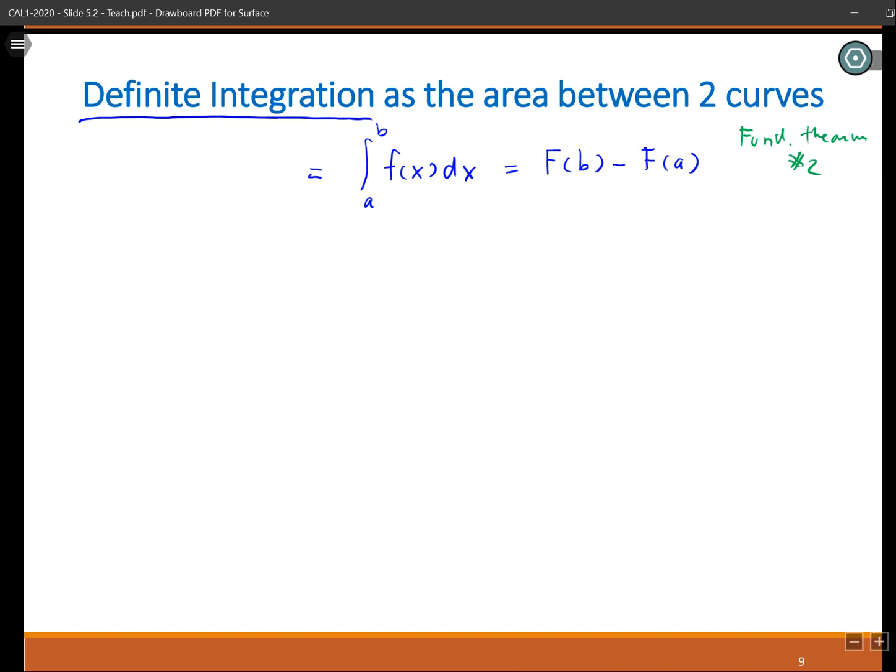So let's make a note here in terms of physical meaning. This is the area under the graph f(x), or you can say under the function as well, but in the end you plot the function and it becomes a curve. The area under f(x) from a to b.